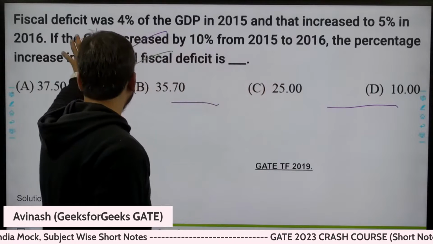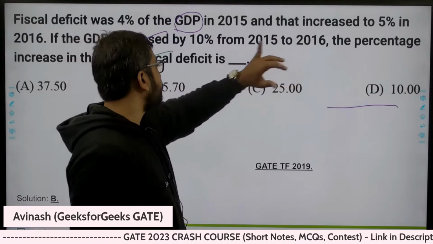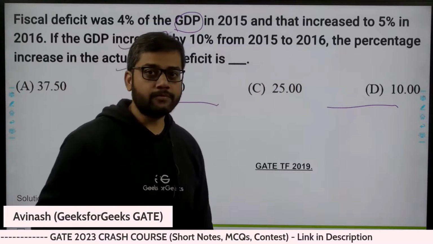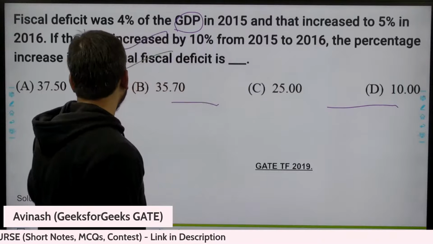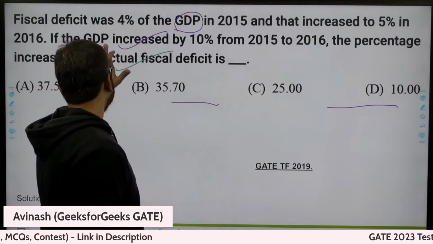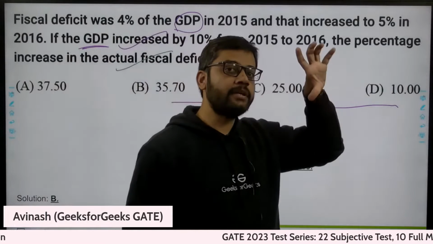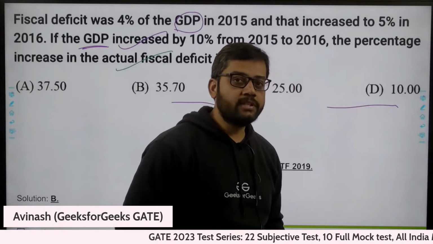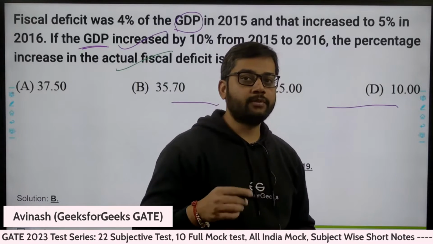Initially, if the GDP in 2015 is X, in 2016 it will be 1.1x.